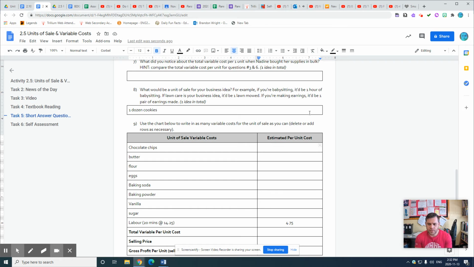Now it's really important here that you just estimate your costs. So I want you to make your best educated guess. Now, our labor is going to cost some money, but our other ingredients won't. So it could be 10 cents or maybe 20 cents for chocolate chips. Butter is maybe 10 cents. Flour, eggs, vanilla, I'm only using a very small amount.